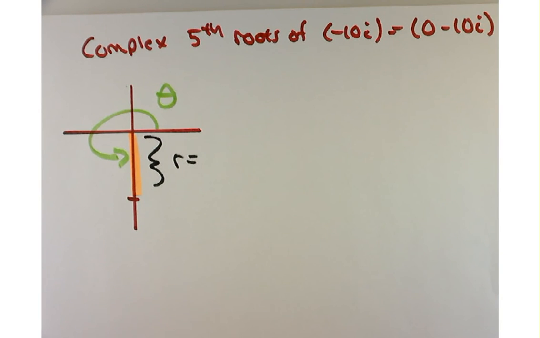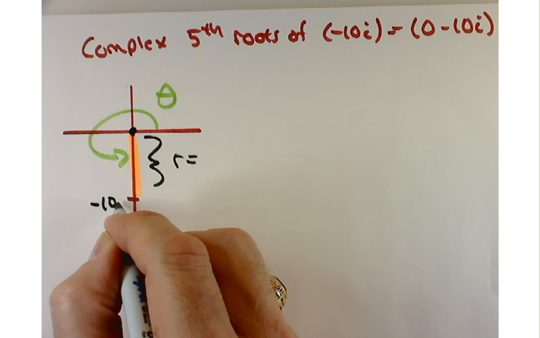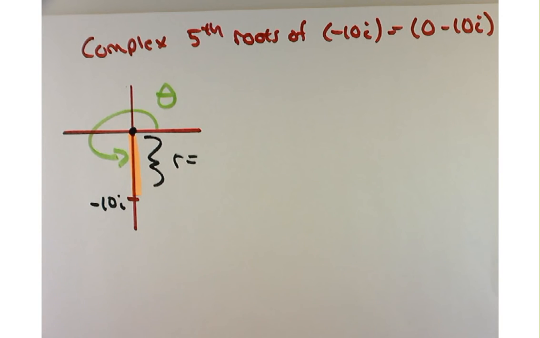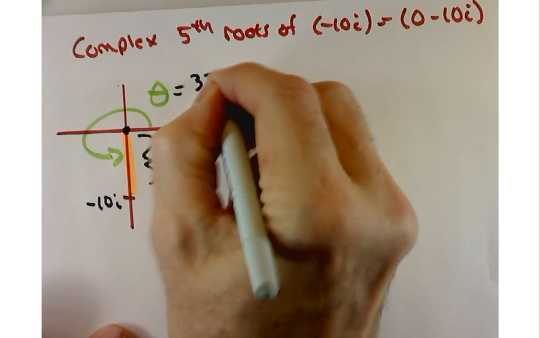Start by telling me what r equals. How far from the pole is it down to this point? That would be our theta, 3 pi over 2.